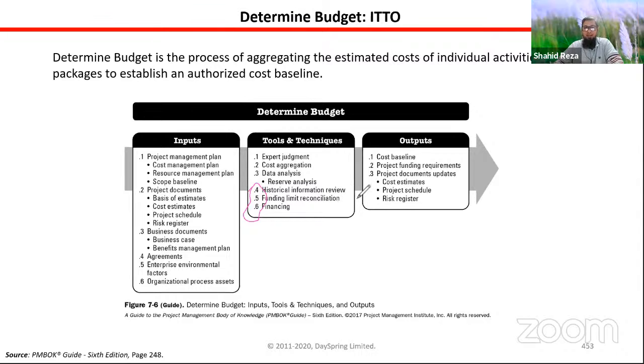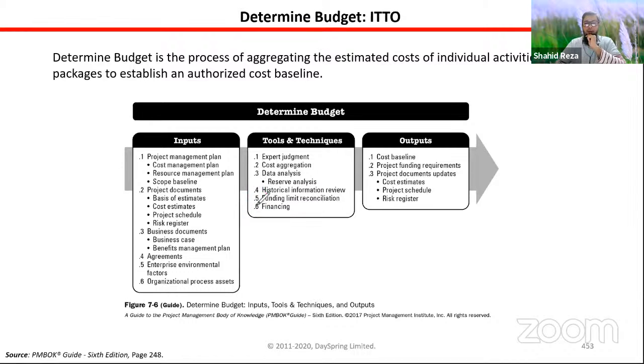That means if you have any experience of doing similar kind of project as a project manager, or your organization has this experience of doing similar kind of project earlier, you have to see whether this project budget is historically okay with the earlier projects. Is there any massive difference or not? So that is actually known as historical information review. All right.